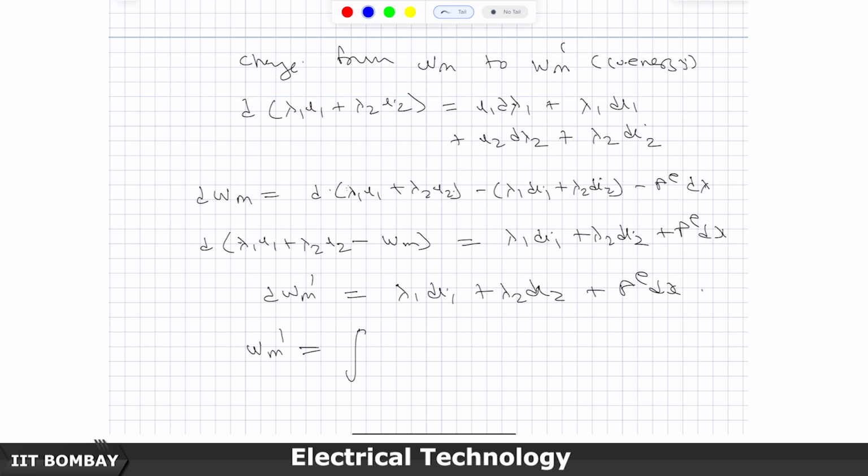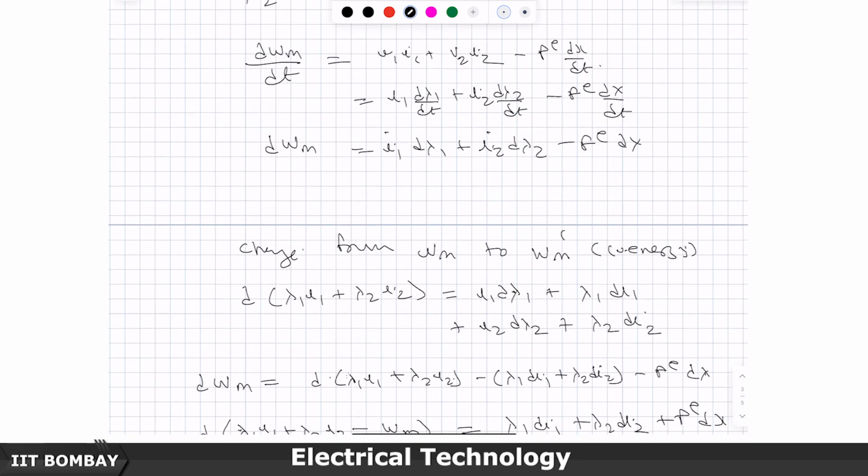So, you first do an integration from 0 to I1, whatever I1 you want, and λ1 was given as a function of what?